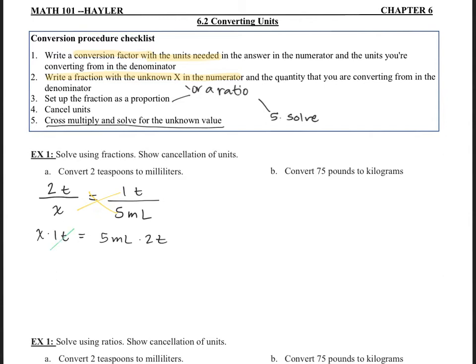You could say you're dividing out the t's. The t's cancel, and the only unit we are left with is ml. So multiplying the 2 and the 5, we get 10, and then our leftover unit ml. Okay, so that is how you work with canceling out the units. So 10 milliliters.